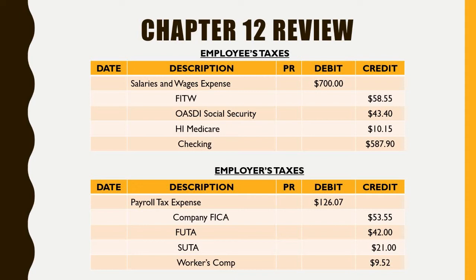So that means determining how much money they earned, what the taxes are that the employee is responsible for, and how much you are going to be writing the check out for. Then you need to calculate what your responsibility is as an employer for the taxes for having that individual employee work for you. Okay? All right.